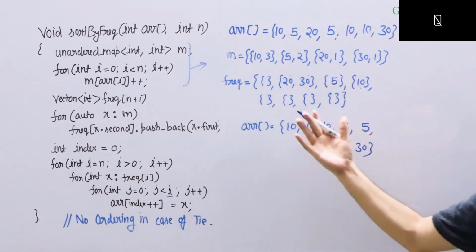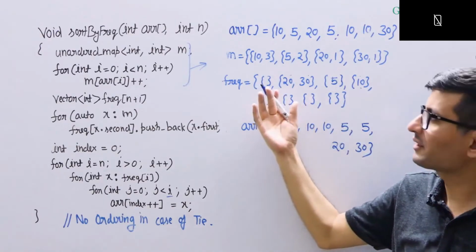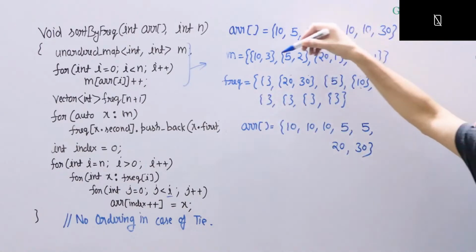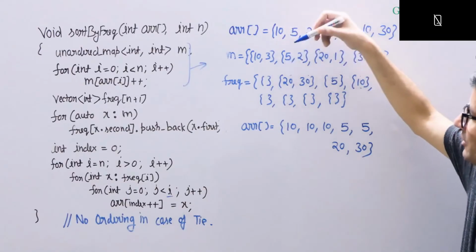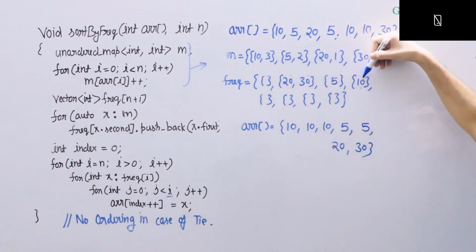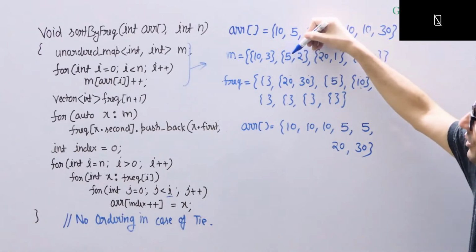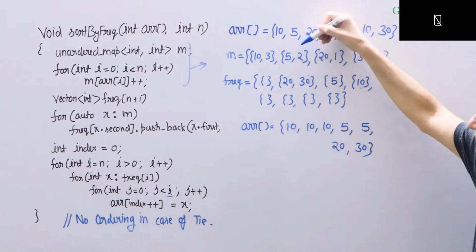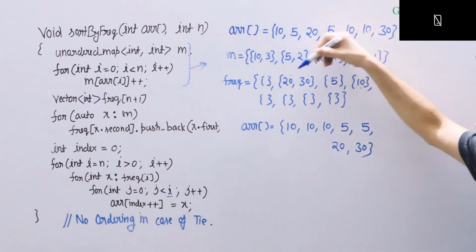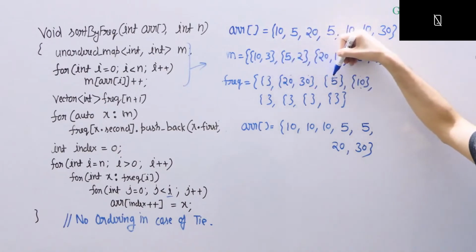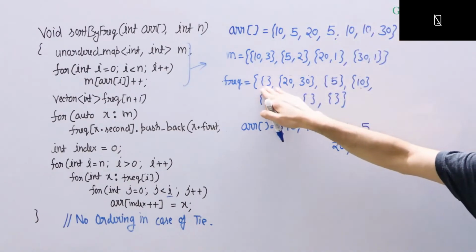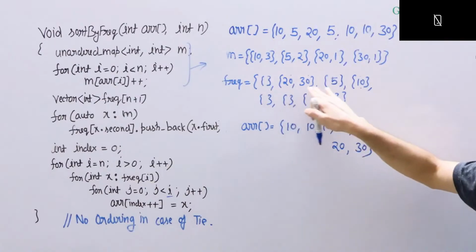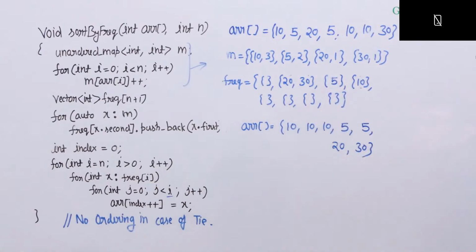And what are the contents of this array of vectors? We have these things as indexes in this array. So this 10 goes to index 3. This 5 goes to index 2. This 2 is used as an index. The 5 goes to index 2. This is index 0. This is index 1. This is index 2. This is index 3. And these are vectors. This is an empty vector. This is a vector of size 2, vector of size 1, vector of size 1.